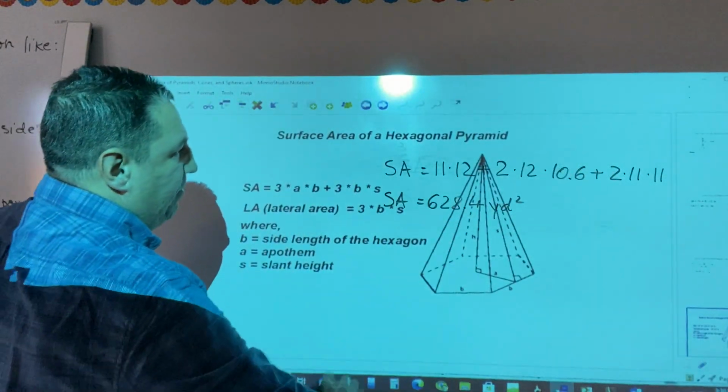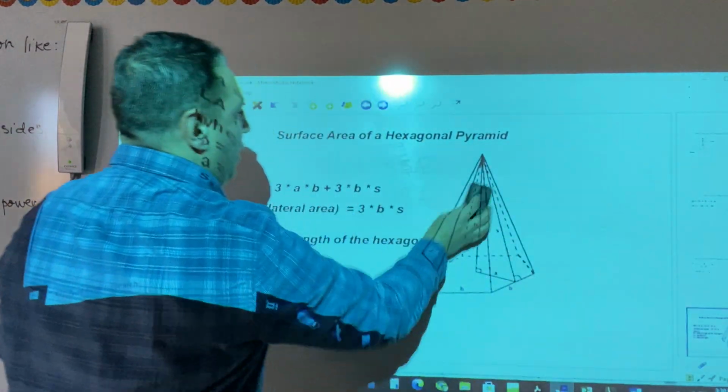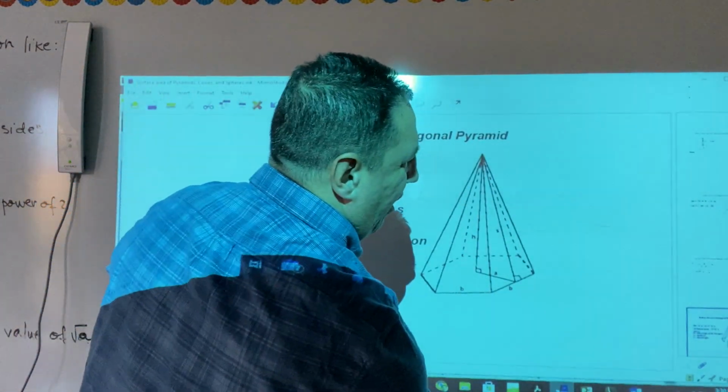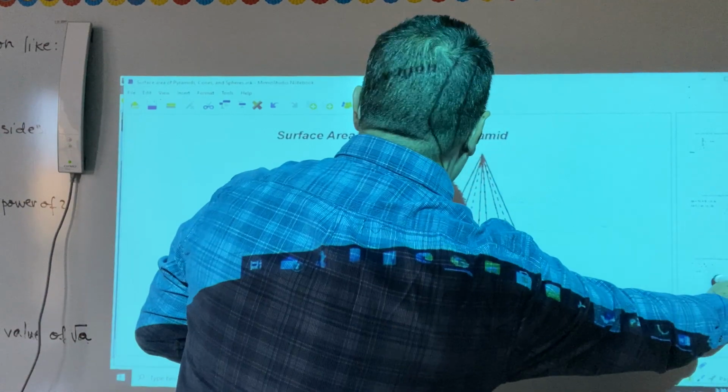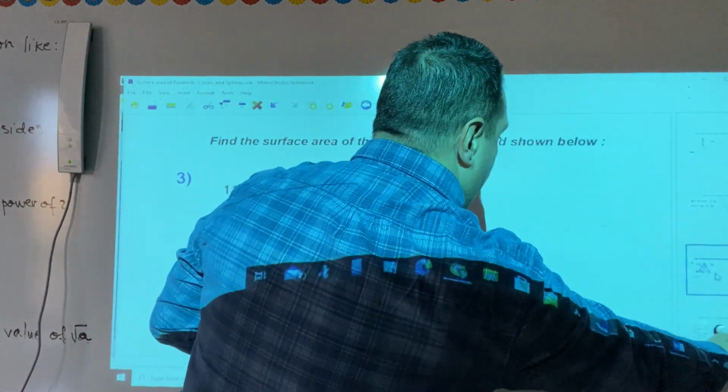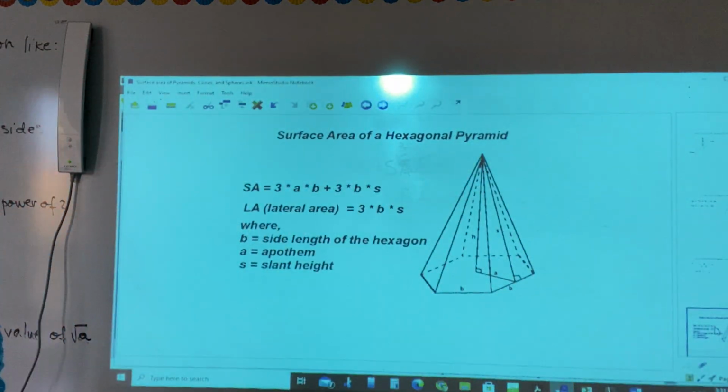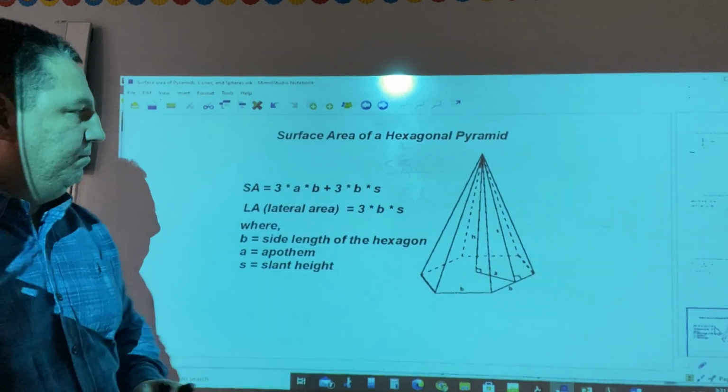Another type of pyramid is the hexagonal pyramid.